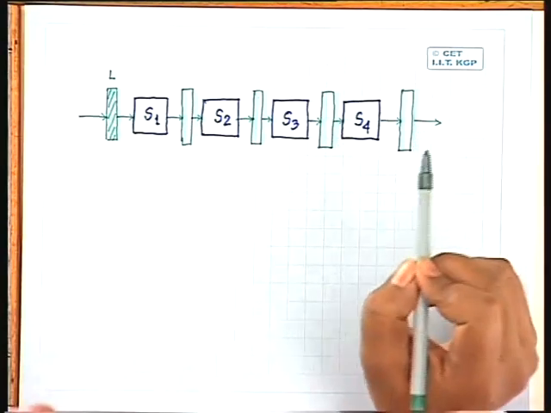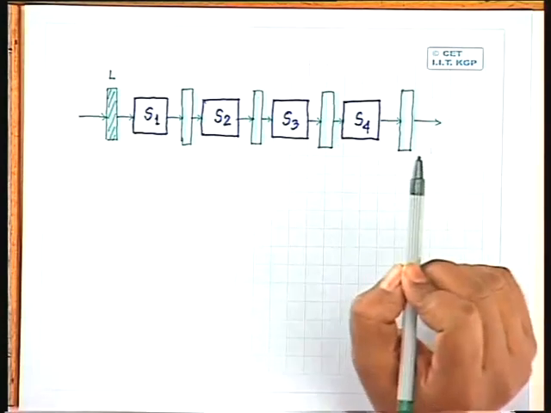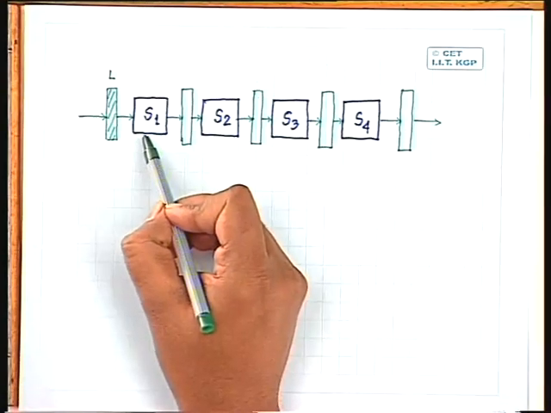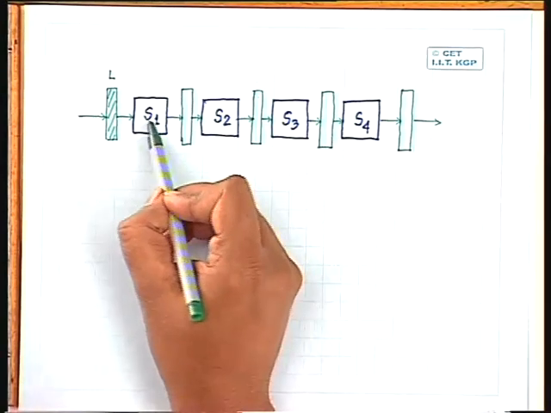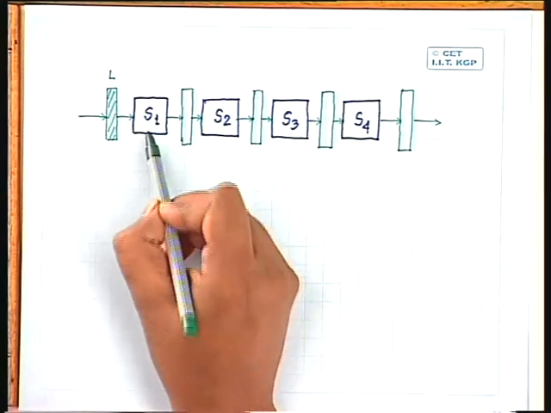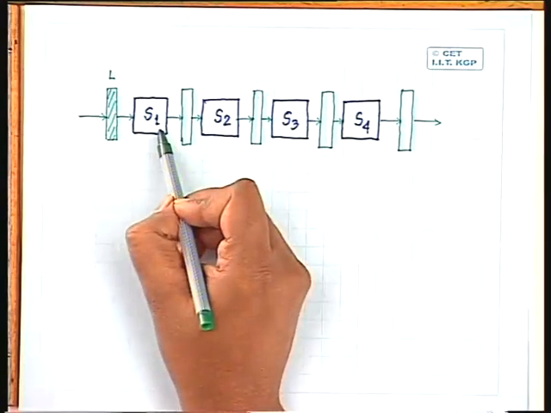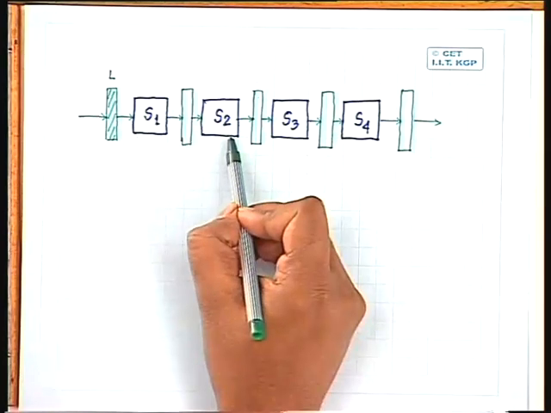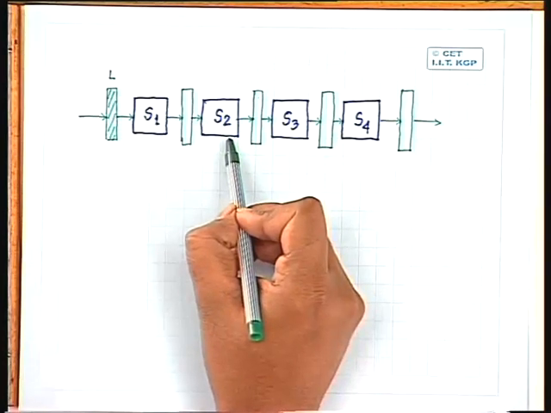Now for a task T, the first subtask that is to be executed is T1, and this S1 is capable of executing T1. Okay. So the S1 executes T1. Next, on the same task, the subtask that is to be executed is T2, and that is to be executed by S2. Okay.